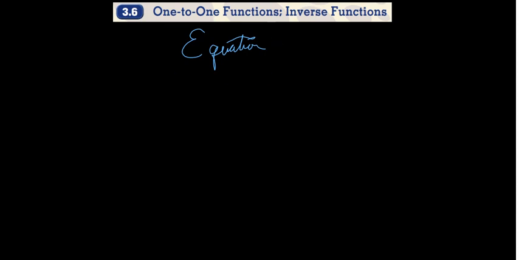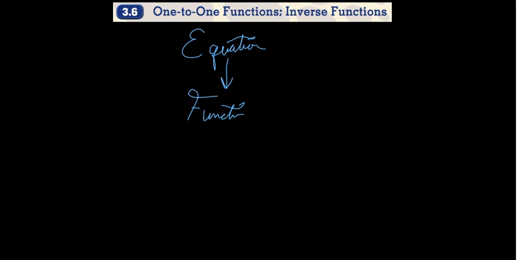And then a subset of that we're going to call the function. A function is an equation, but it's a specific type of equation. We know that for every one x, there's exactly one y.